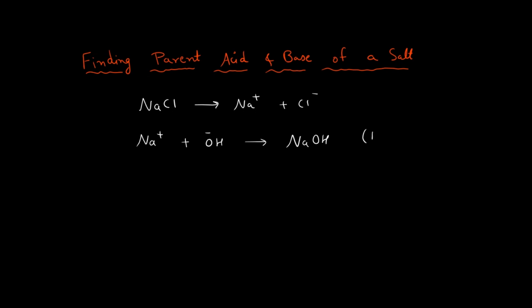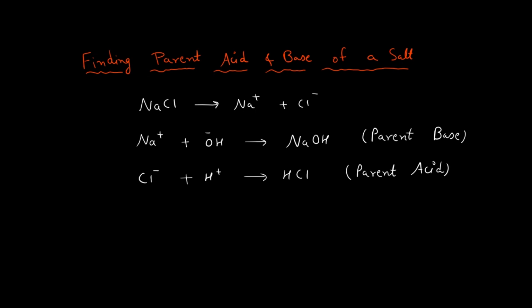So this is the parent base. Now you take the chloride ion and react it with H plus, so it will form HCl. So this is our parent acid. So this is how we can find the parent acid and base.